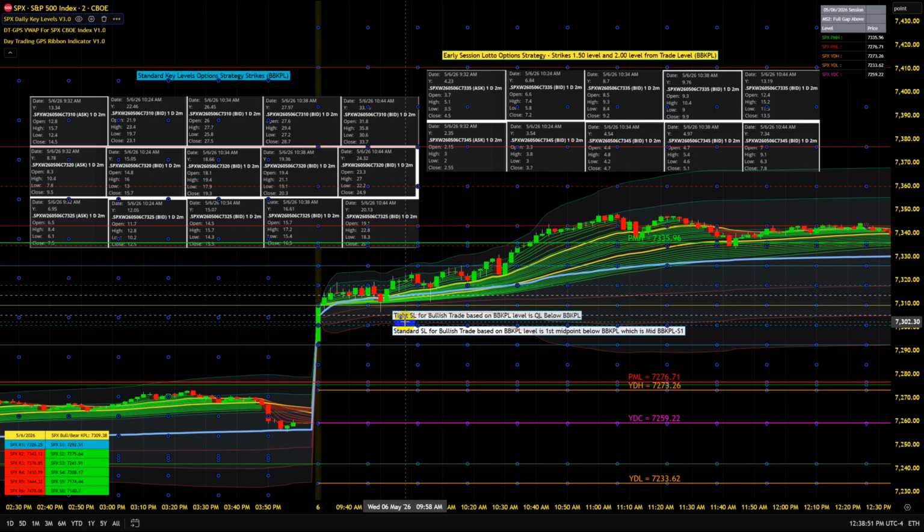So with the standard stop loss strategy or the tight stop loss strategy, you're using the levels based. However, if you look at the early session lotto option strategy, you can still use either one of these two for the stop loss, just like you did with these. However, with the lotto option strategy, you can also have the alternative of no stop loss, and the reason for that is simply the cost.